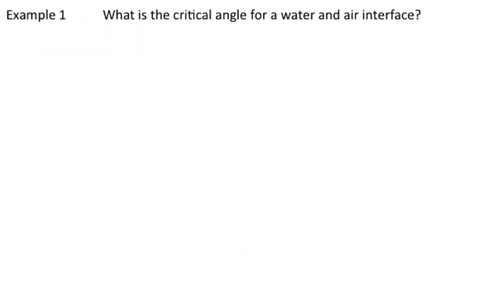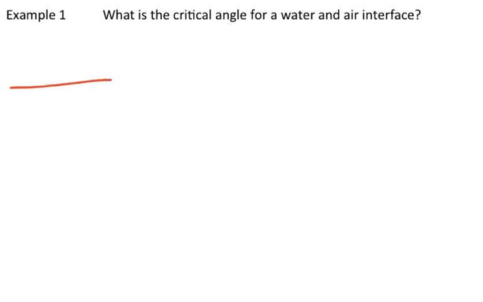So looking at some calculations involving total internal reflection, what's the critical angle for a water and air interface? Well, I haven't told you where the light is incident and where it is refracted to, but that's implied in the question. In order for a critical angle or for total internal reflection to occur, we need to have the light going from high N to low N. I haven't told you the N of either of these substances, but a diagram is going to help us.